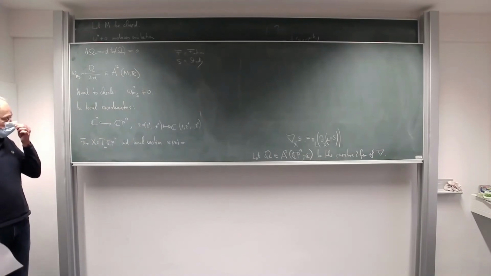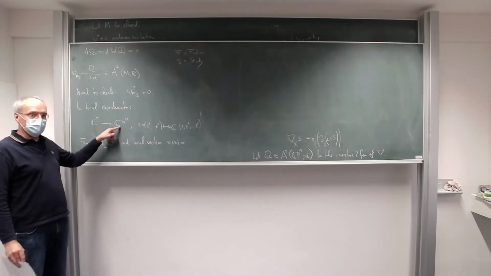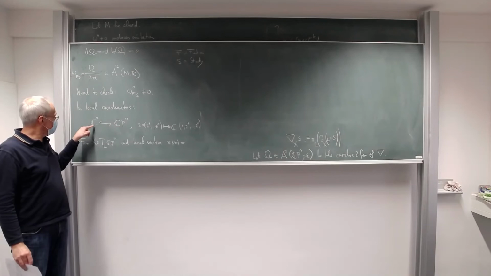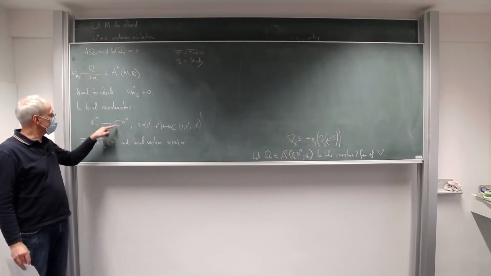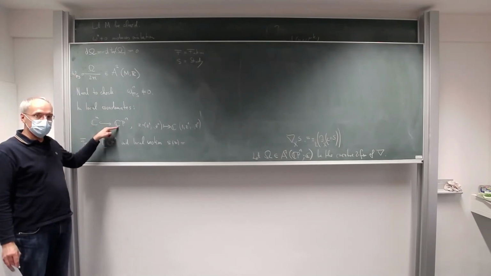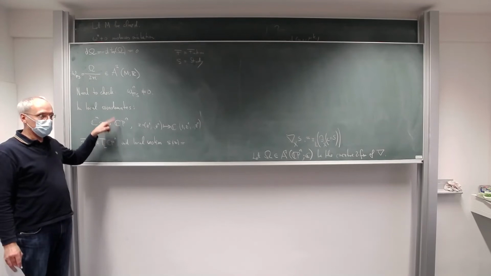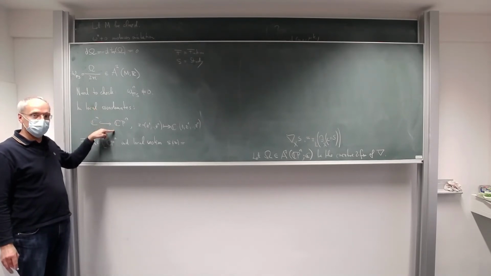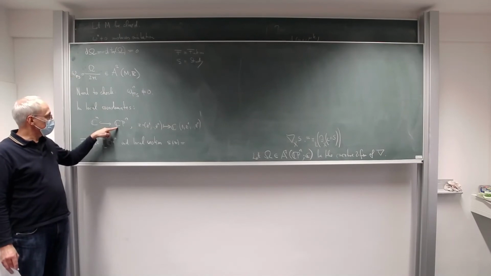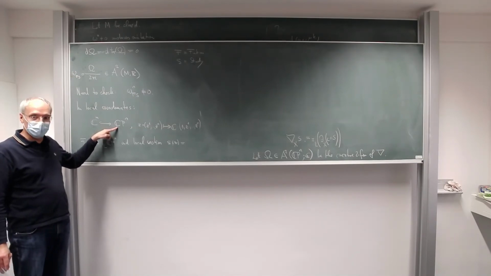Well, to each point in CP^n, or part of CP^n, given by the coordinate z, I have to associate an element in the fiber of the tautological bundle over that point. But the fiber is just that line.